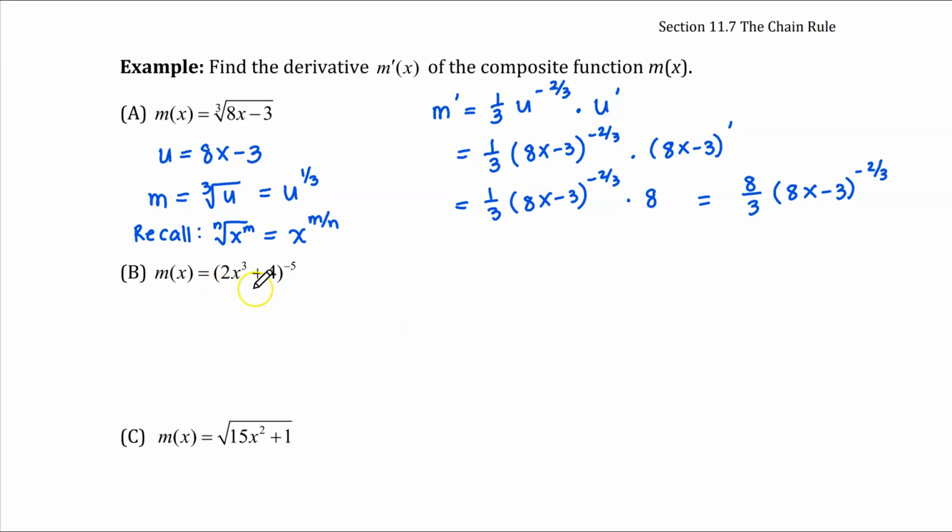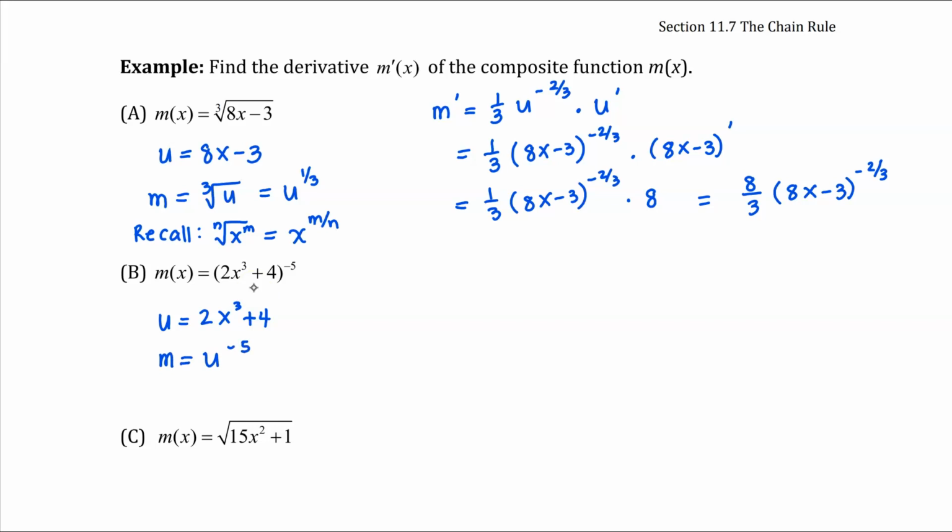Now for letter B, here we will think of u as 2x cubed plus 4. So therefore, this expression here is just equal to u to the negative 5.